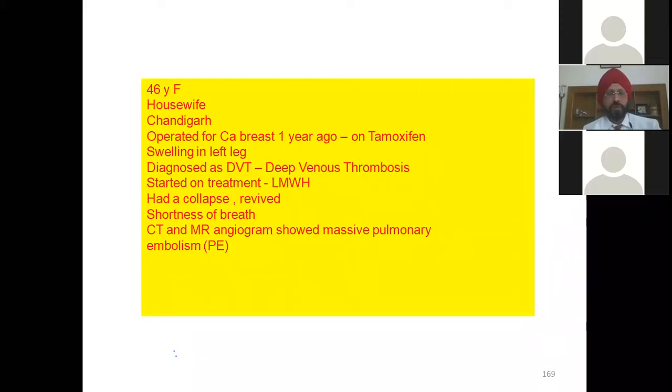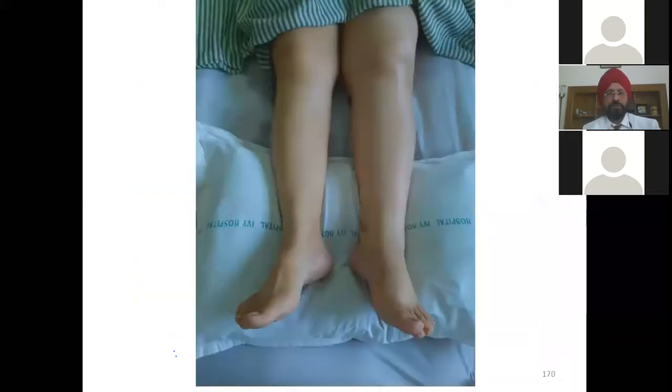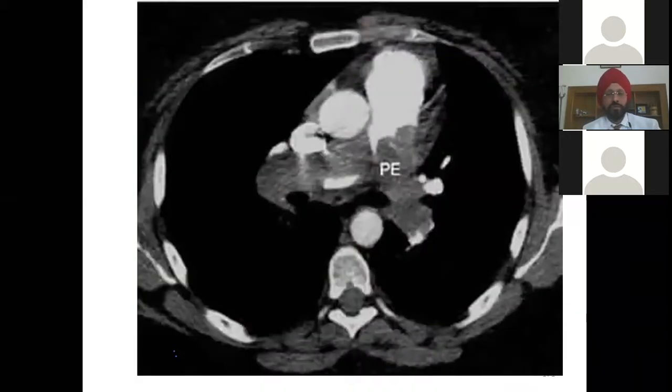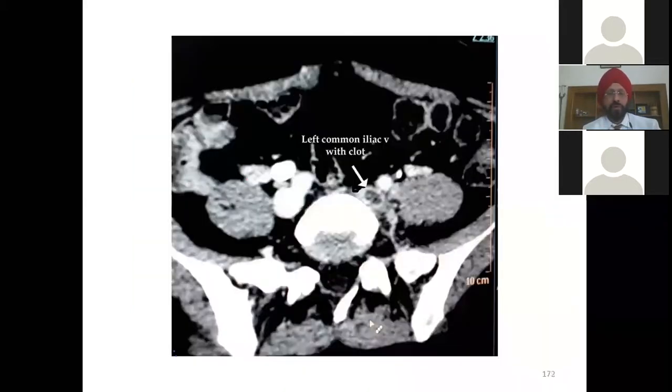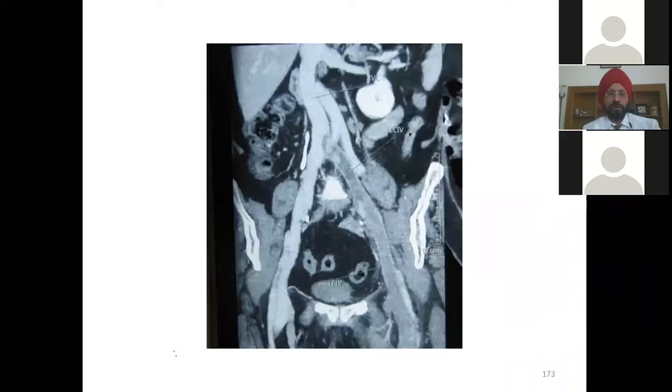She had been operated on for carcinoma of the breast a year back, was diagnosed with DVT in a referring hospital where she was started on heparin but collapsed, and then she was diagnosed with imaging. She was revived, luckily, and then referred to us. So that's the lady, with massive pulmonary embolism and massive iliofemoral clot. You can see the IVC is still clear, so that is the plus point.